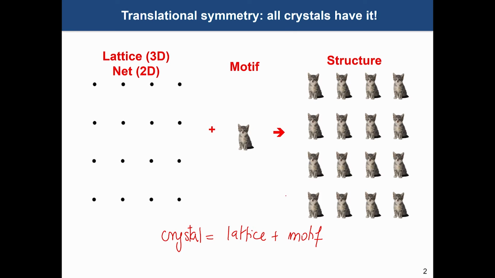If the motif has certain symmetry, it can be combined only with a certain type of lattice. I can populate this set of points in space with only certain types of motifs, depending on their mutual symmetries. When I populate this lattice or net in 2 dimensions with a motif, eventually I get a crystal. So at the end, the crystalline structure is composed of these 2 components.